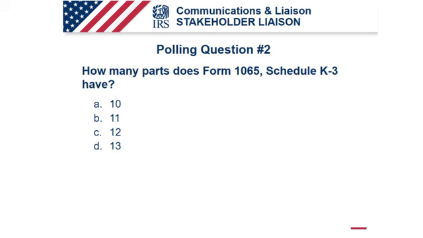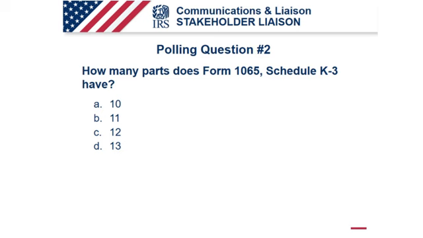You may also take a few seconds to check the schedule to get the correct answer. That question reads, how many parts does Form 1065 Schedule K-3 have? And your options are A, 10, B, 11, C, 12, or D, 13.